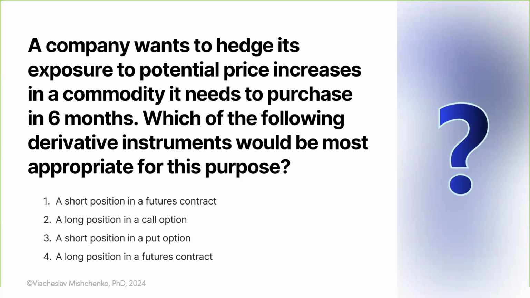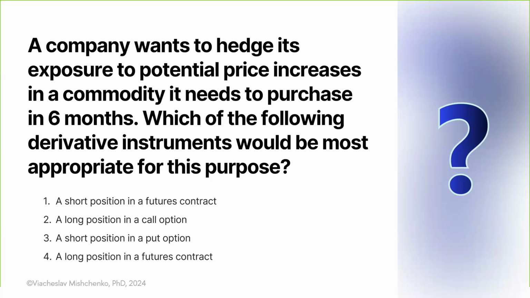And this usually protects against price increases while allowing the company to benefit if prices fall. It usually provides an asymmetric payoff, limiting downside risk to the premium which was paid while retaining upside potential. And therefore, the second answer is right.